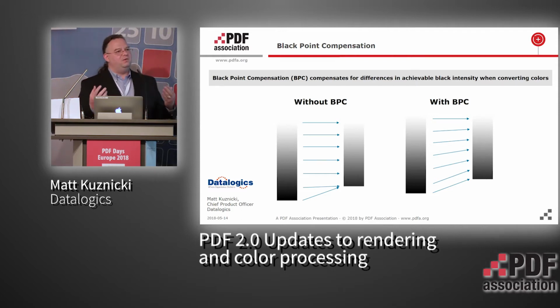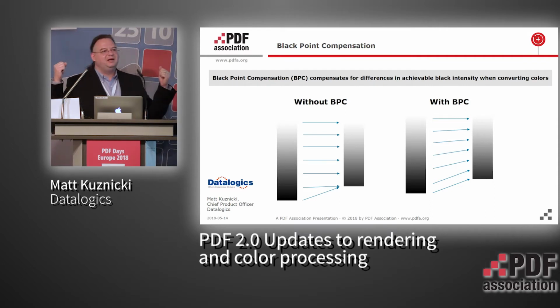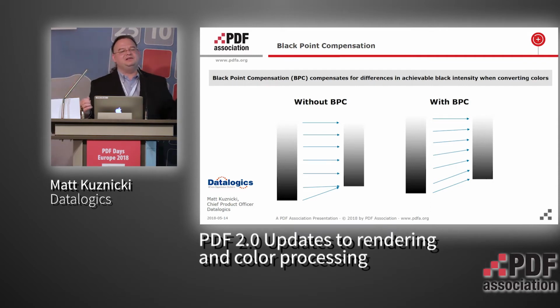So typically in most color workflows that do not compensate for these different definitions of black, what's known as black points, what you'll find is a mapping that clips off blacks past a certain level of darkness and that's how they fit into a destination color space where your blacks aren't as vivid, aren't as black.